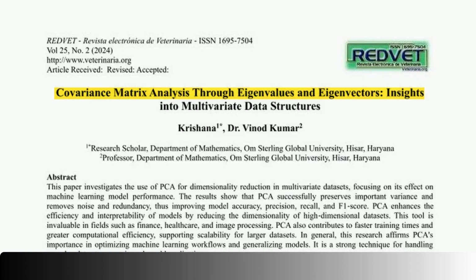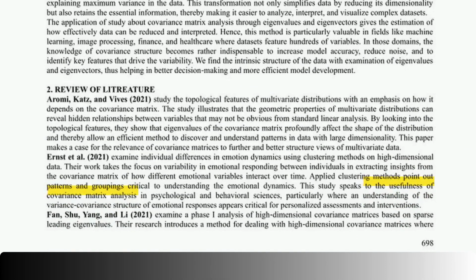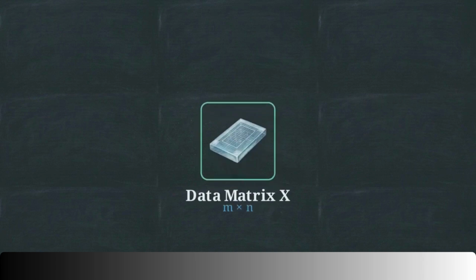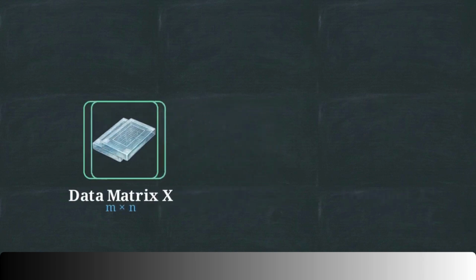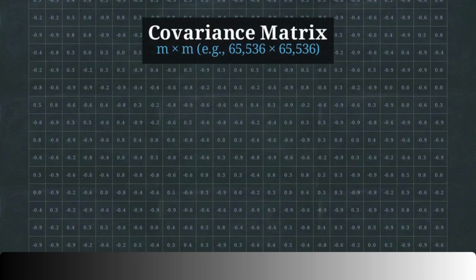This document details the next step, using a covariance matrix to extract underlying structures and map out how those deviations relate to one another. We generate this matrix by multiplying our mean-centered data matrix X by its transpose, X^T. Multiplying the m by n matrix against its transpose yields a densely populated square matrix.